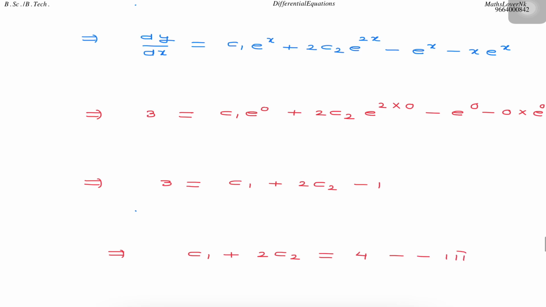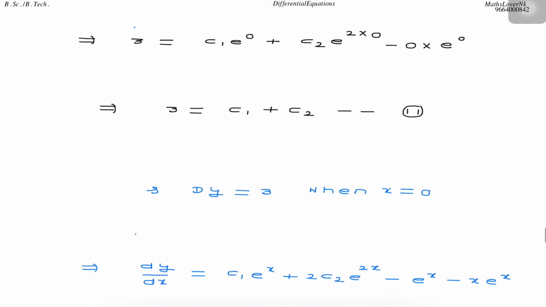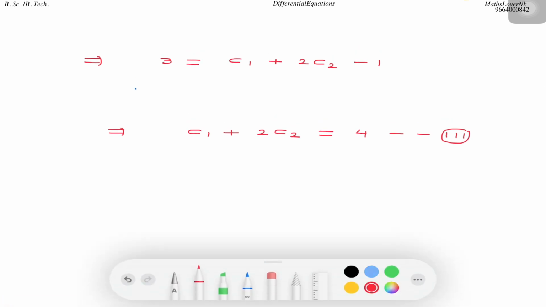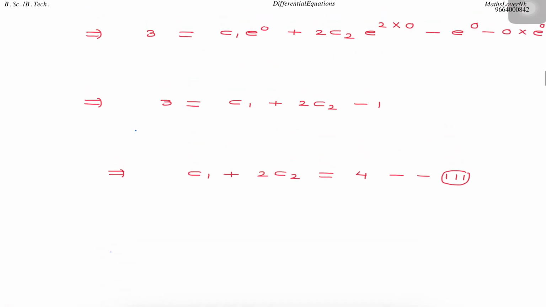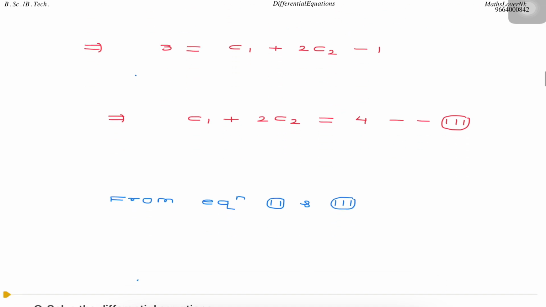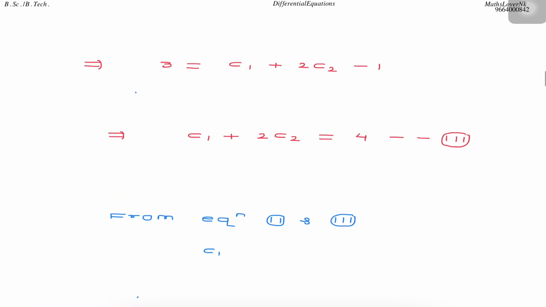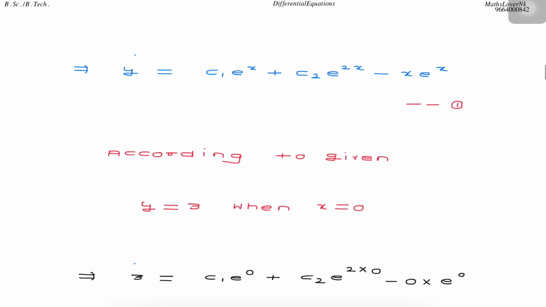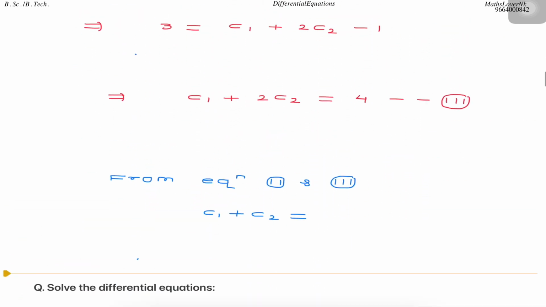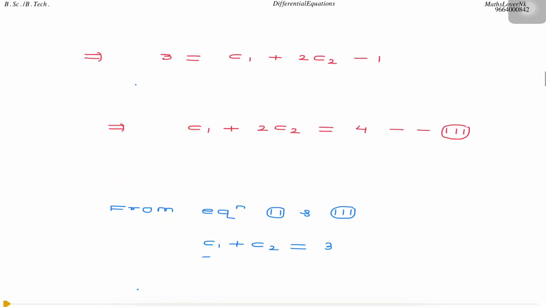From equation second and third, we get C1 plus C2 is equal to 3 and C1 plus 2C2 is equal to 4.